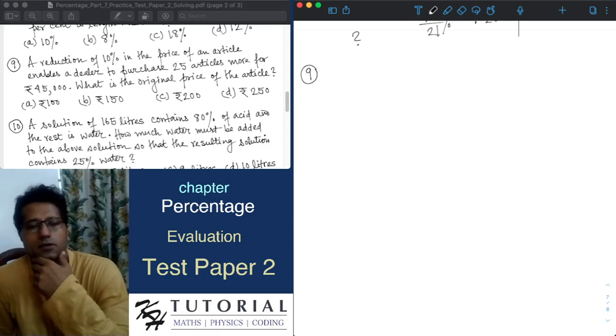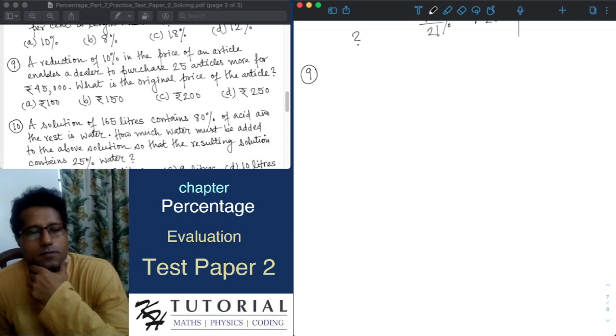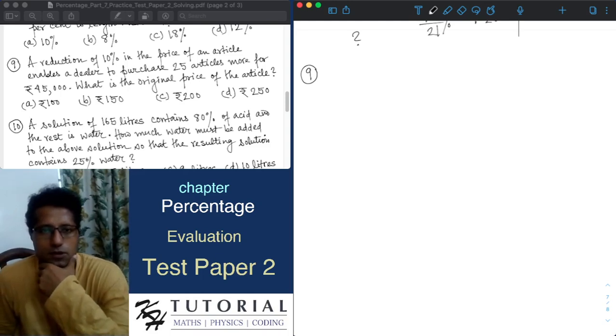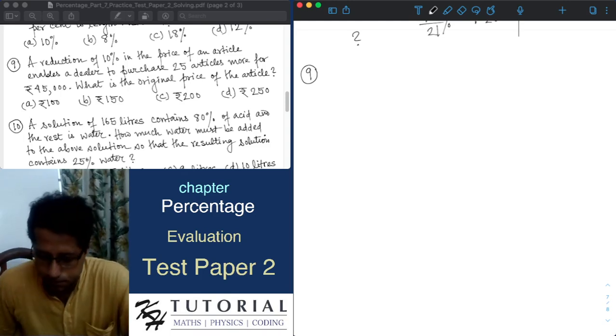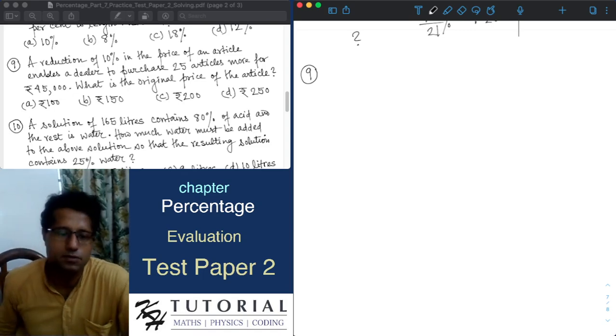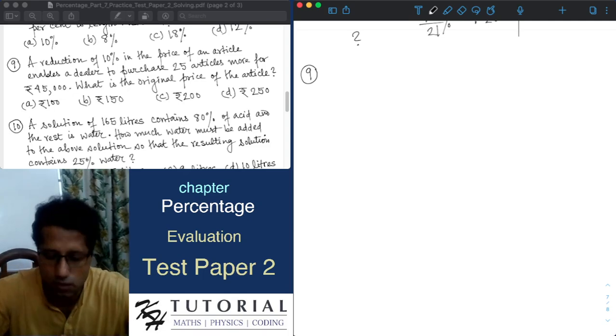A reduction of 10% in the price of an article enables a dealer, so if the price of an article decreases, definitely the dealer will be able to buy more articles.